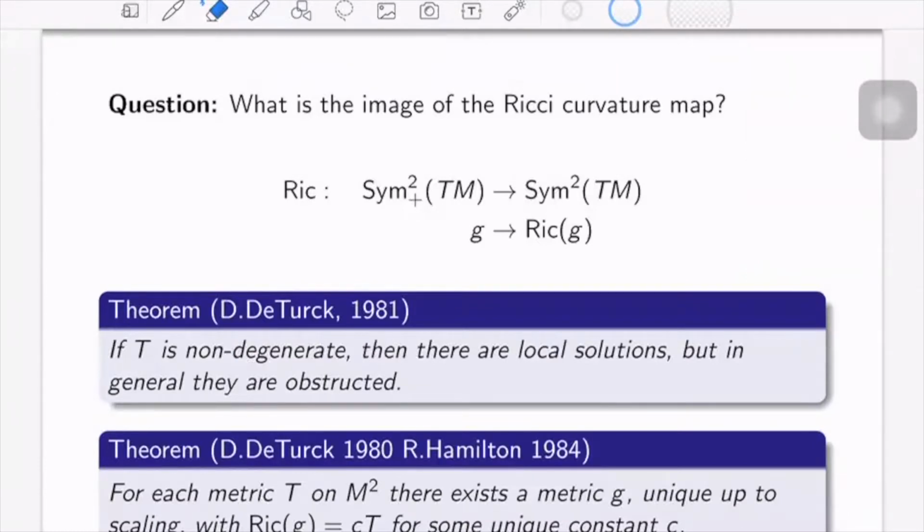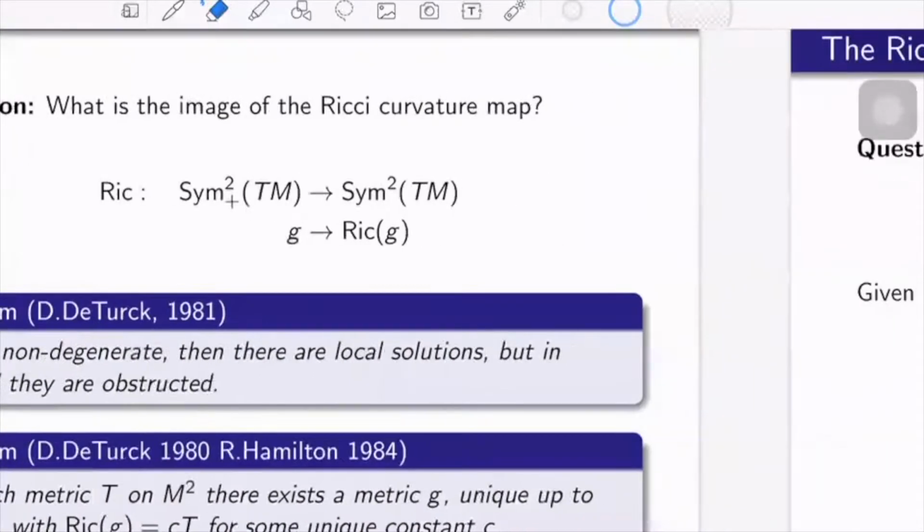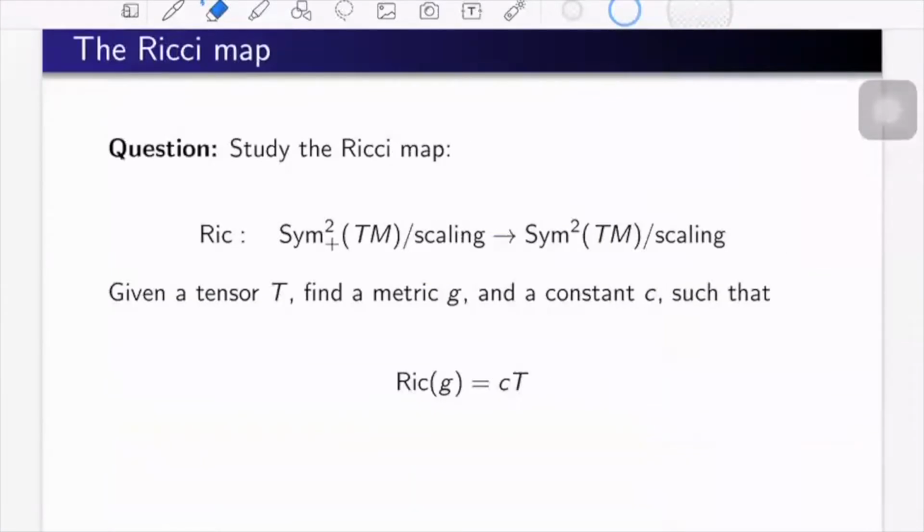So both G and the constant c are unique. Of course, G is only unique up to scaling, since conformal metrics have the same Ricci tensor. But also for the prescribed tensor T, I would like to allow a kind of scaling. So the problem should be modified to study the Ricci map modulo scaling on the left and on the right. So scale the metric and scale the tensor T.